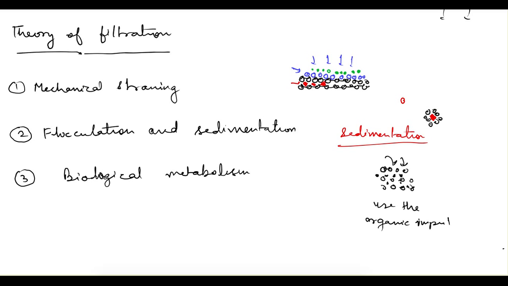What are the organic impurities? For example, algae may be present in water or plankton may be present. These microorganisms will use these impurities as their food, and they will metabolize this organic matter and convert it into harmless compounds. So the water will become pure.